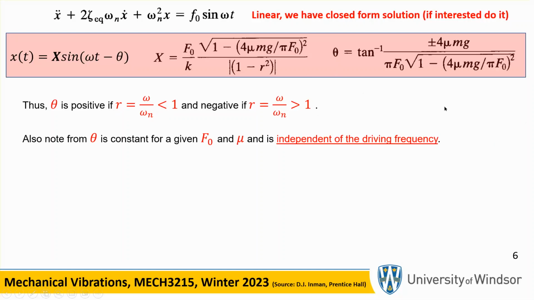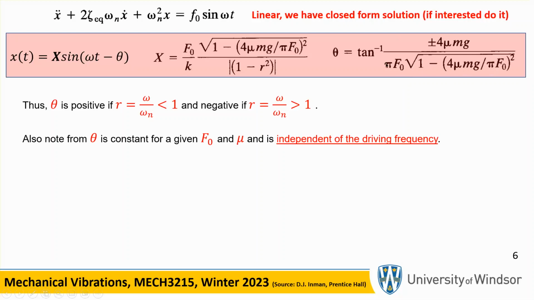And notice that theta, for the given f naught, because f naught is given to us, it's actually this little f naught times m, we know what it is. It's the same notation that we have used before. For a given f naught and mu, this is independent of the frequency.